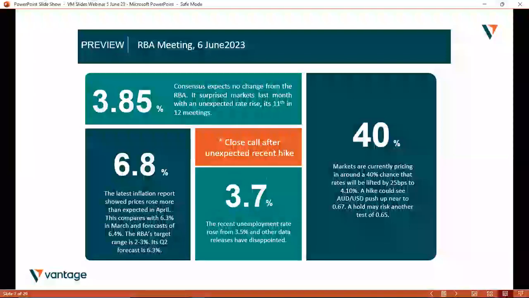While its language remains hawkish, as the board expected that some further tightening of monetary policy will be needed, and remains resolute in its determination to return inflation to target, with the central bank saying it would do what is necessary to achieve that. We also had the bank's quarterly Statement on Monetary Policy, SOMP, revert to a more hawkish stance, which all came on the back of inflation weakening.